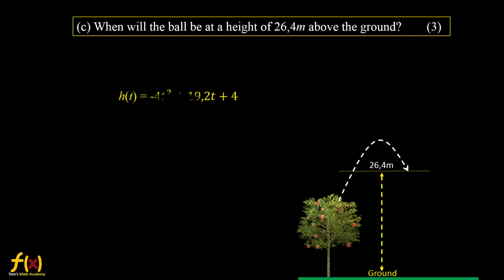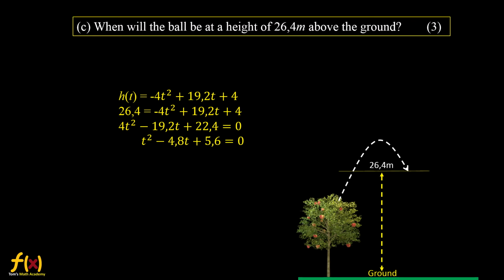So we have the equation for the height, and the height is available, that is 26,4. We substitute into the equation. Now we try to solve for t. This is a quadratic equation. We have two values for t.